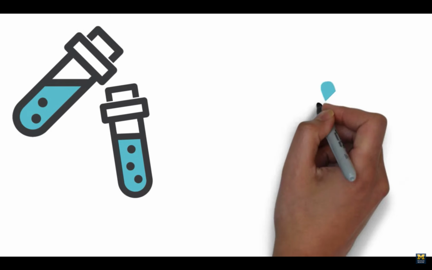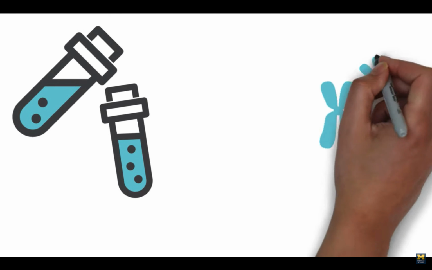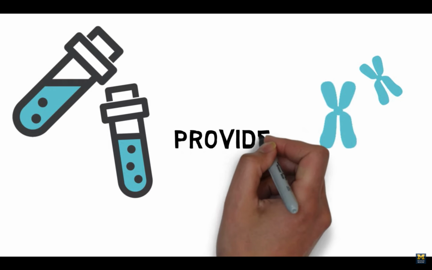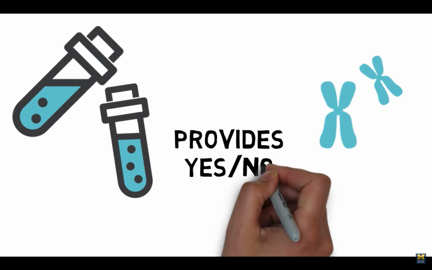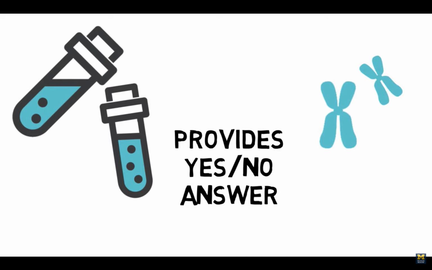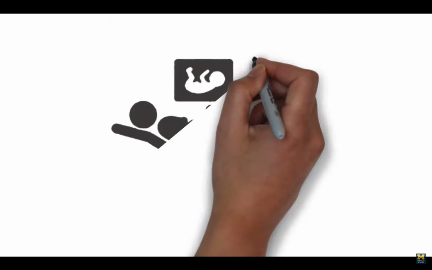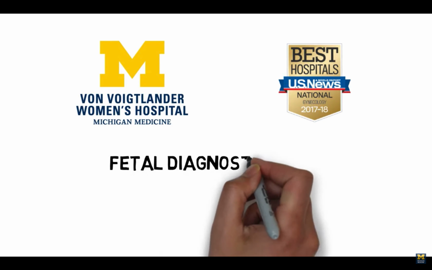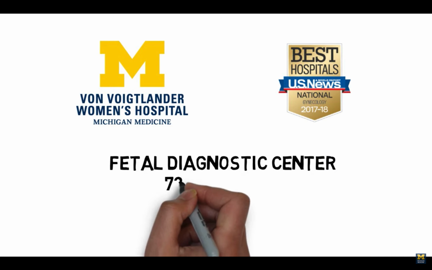The most common testing performed following a CVS or amnio is testing for chromosome abnormalities in the baby. Diagnostic testing provides a yes or no answer. Diagnostic testing is more complicated than screening testing and should be reviewed with a healthcare professional. If you wish to learn more about diagnostic testing, your physician may have you meet with a genetic counselor to discuss this option in more detail.